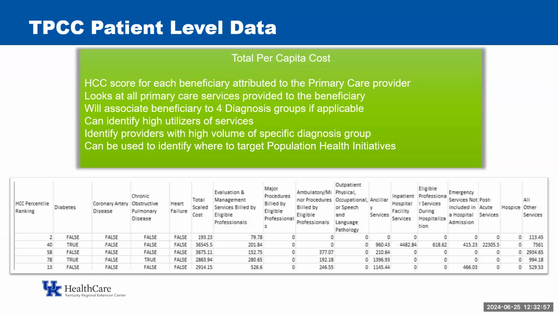You can use it to target your population health initiatives. If you see that you have a large amount of folks who suffer from COPD or heart failure, in our example here we don't. In our example, most of our patients have a diagnosis of diabetes. That allows you to focus certain groups and target some interventions towards that group of people.